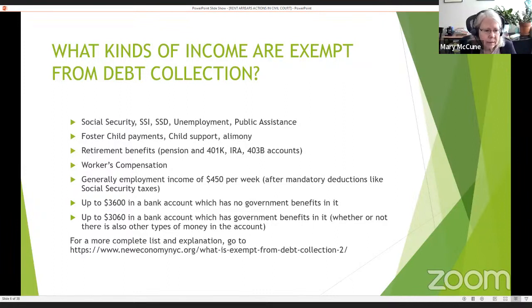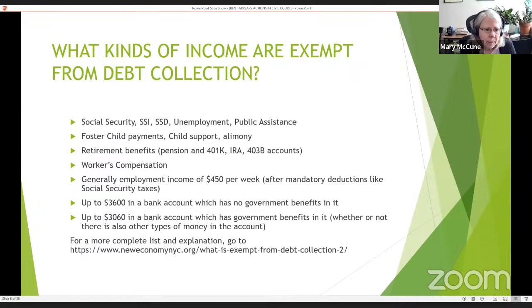So if you have $3,600 or less in your bank account and no government benefits, they cannot freeze your bank account. If you have some kind of government benefits in it, whether or not you have other types of income that are not government benefits, it reduces the amount to $3,060.